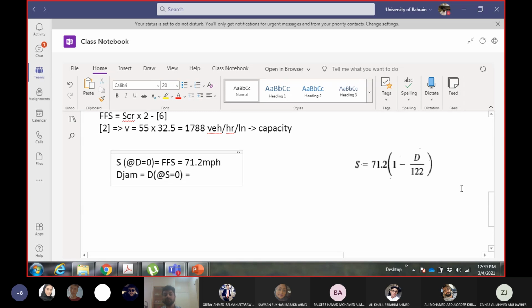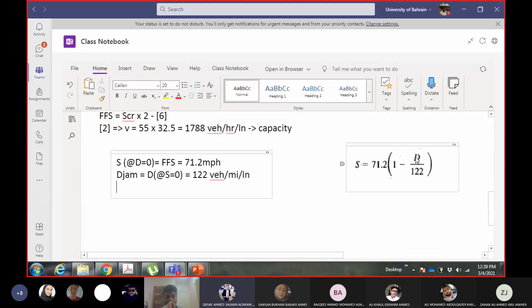If you have the equation, put S equals to 0, you get density. How much? 122, and the units are what? Per mile. Yeah, good.